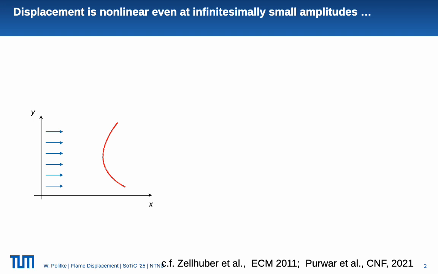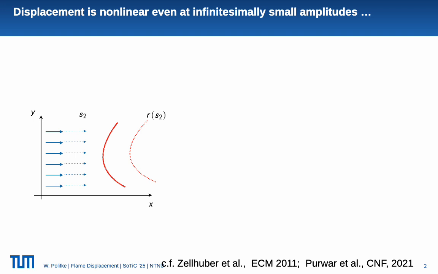Imagine this is a premixed flame front in convective balance with an approaching flow. And let's imagine we add a bit of perturbation on the flow and we get a resulting displacement as a response to that perturbation. Now, if I consider a stronger perturbation, I expect a stronger response in the linear regime, right?